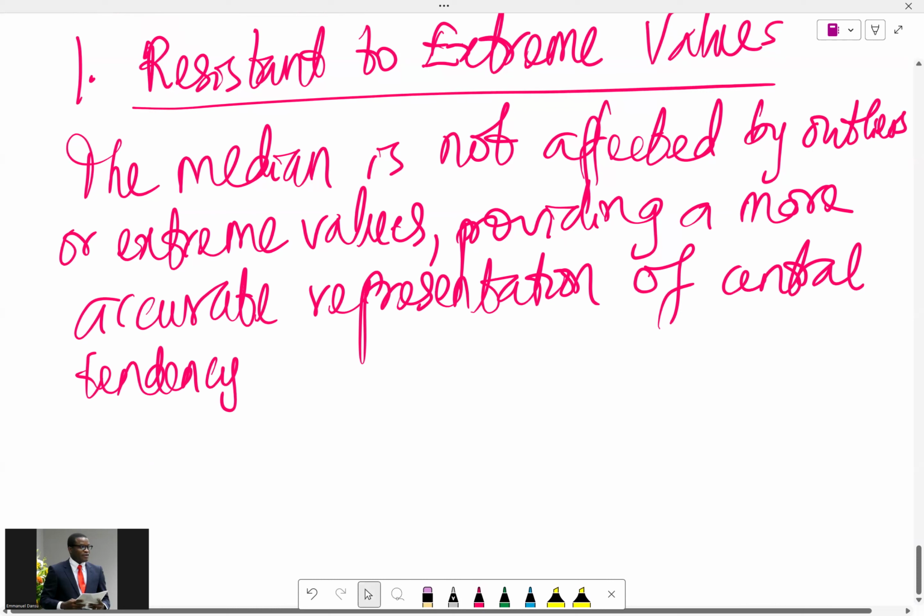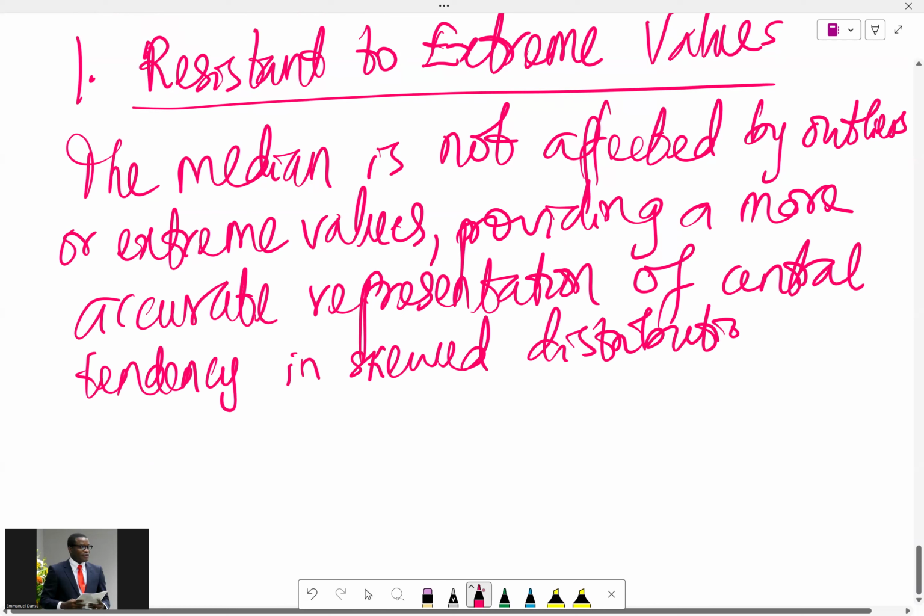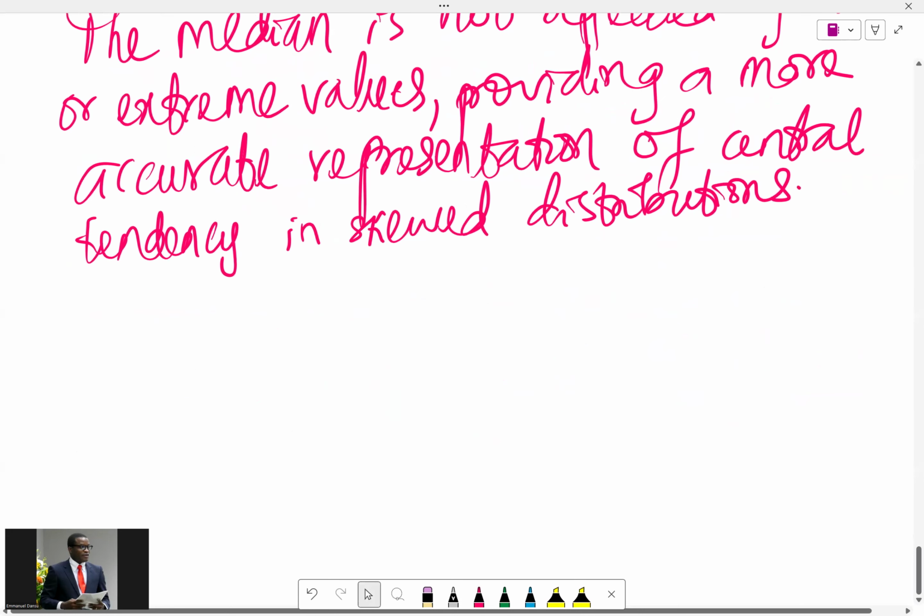It's a more accurate representation of central tendency in skewed distributions. And don't forget that for normally symmetric distributions, the mean, the mode, and median are exactly the same. So it's resistant to extreme values. That's one advantage of median.